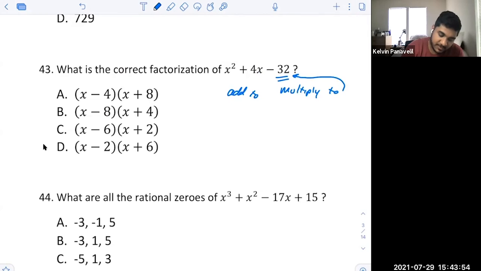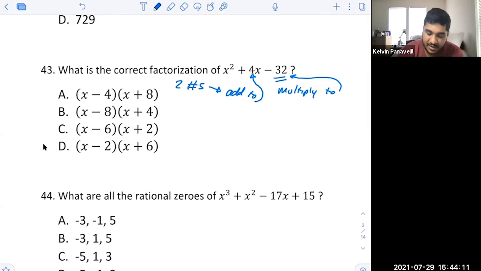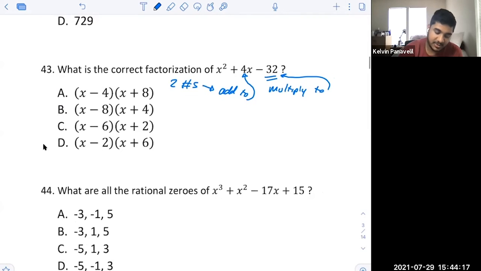So guys in the chat, what are two numbers that multiply to negative 32 and add to 4? Awesome. 8 and negative 4, right? 8 times negative 4 is negative 32. 8 minus 4 is 4. So those are the factors.